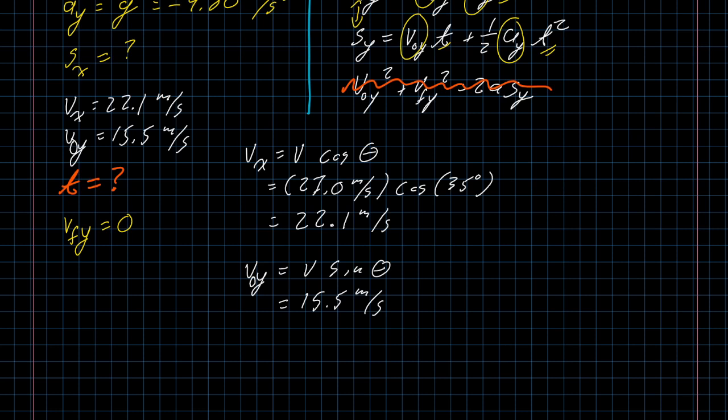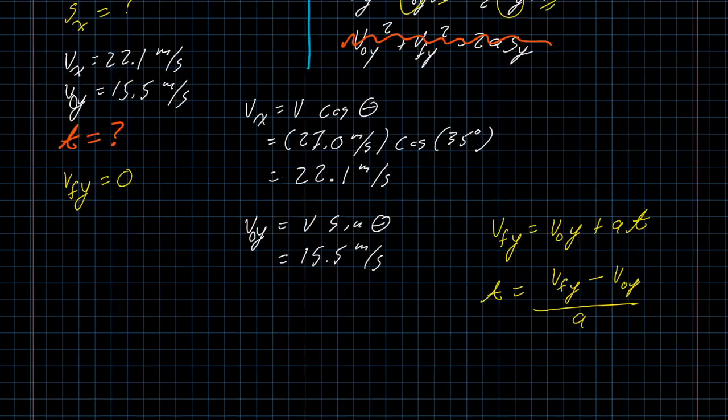So the formula I'm going to work with says that Vfy is equal to V naught y plus a t. And if I rearrange that, it gives me that t is equal to vfy minus v naught y all over a.